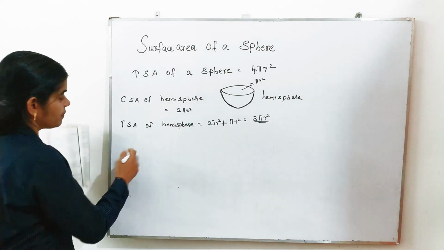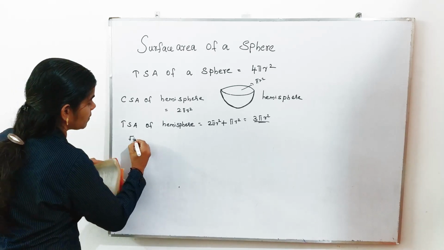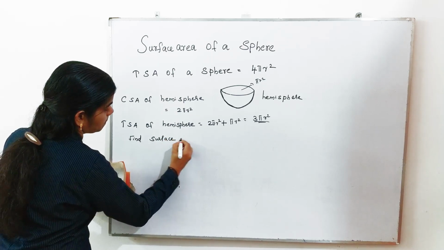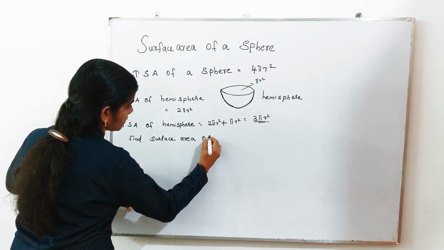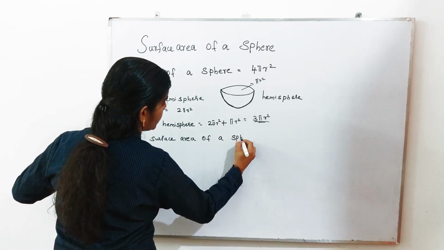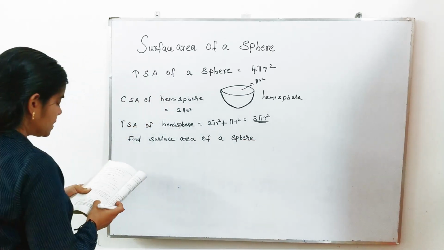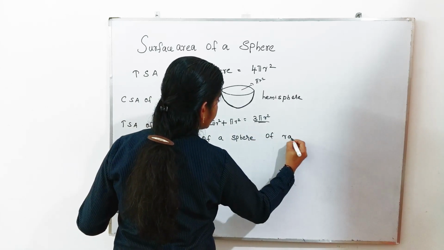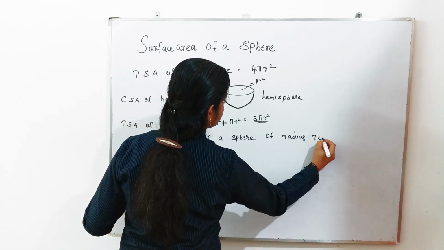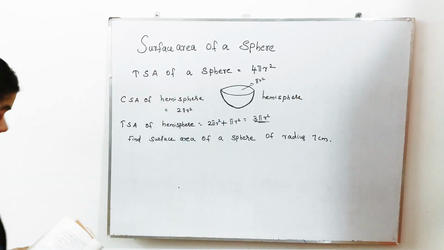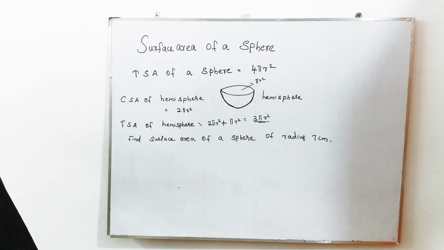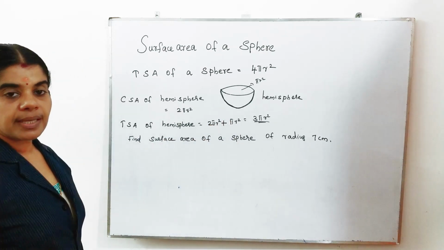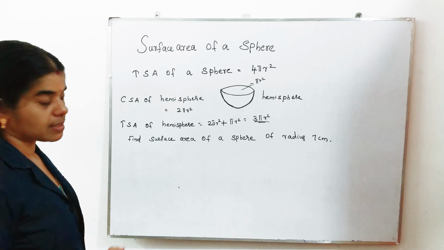Find the surface area of a sphere of radius 7 centimeter. I already told that in the case of a sphere it will be only total surface area.